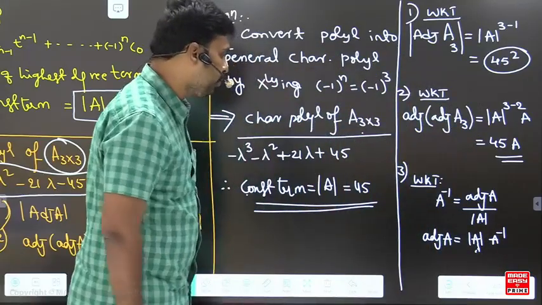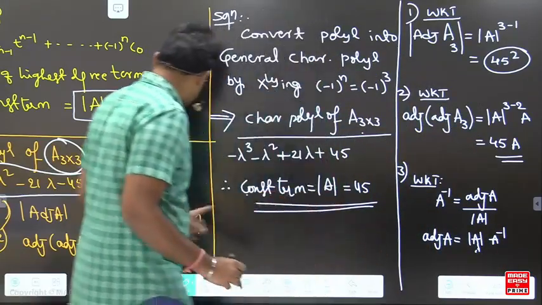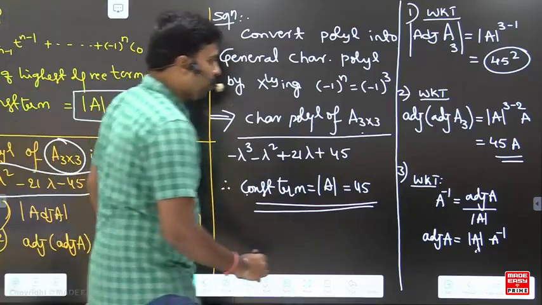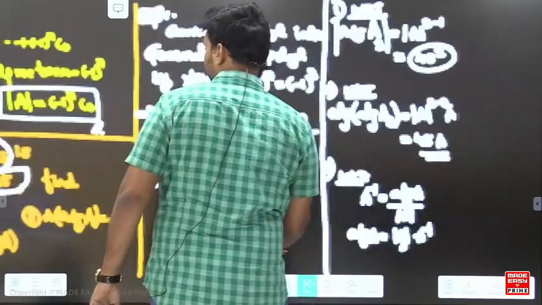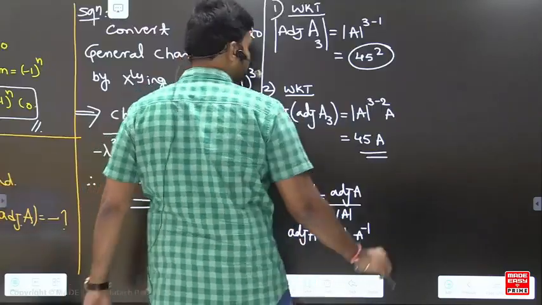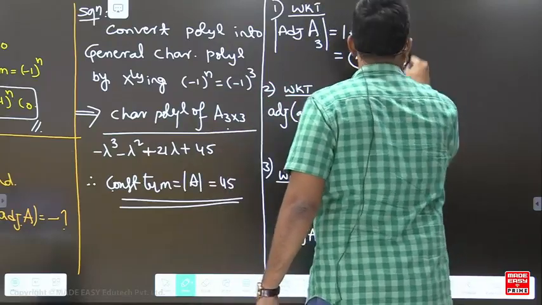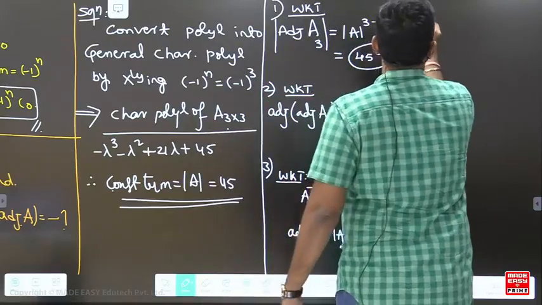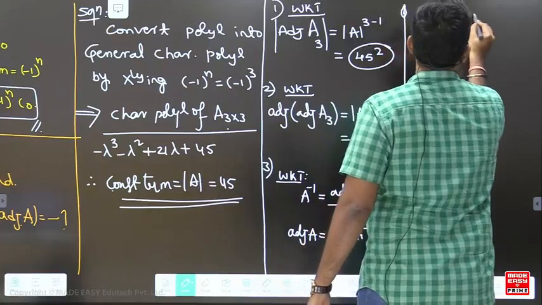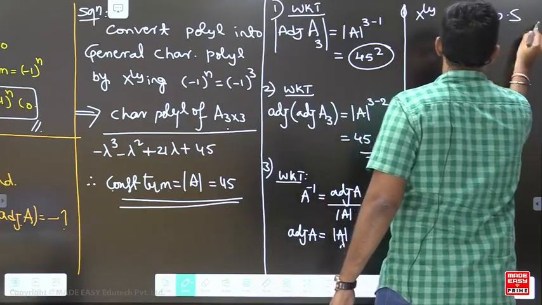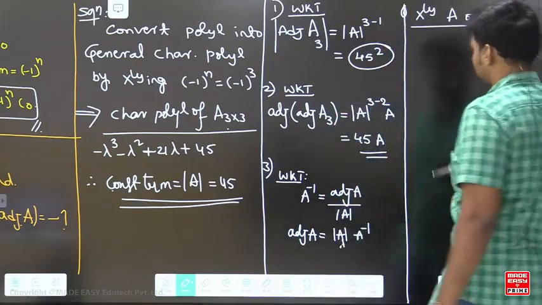Now, to get A into adjoint of A, we need to multiply by A on both sides.